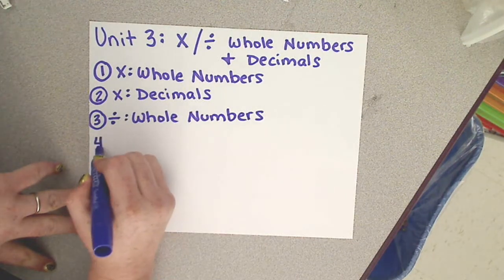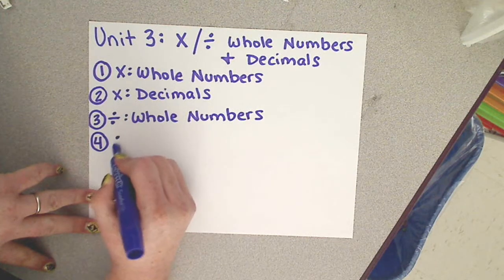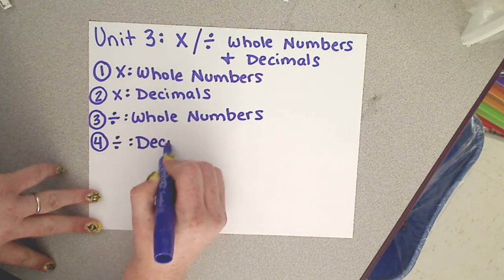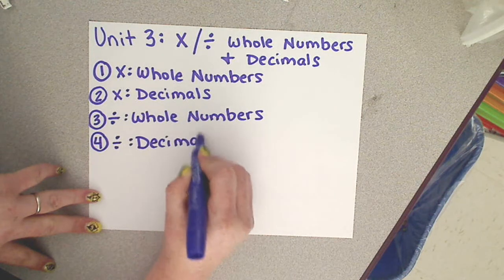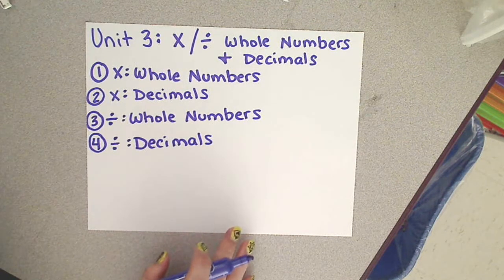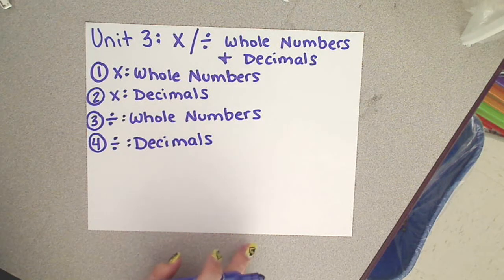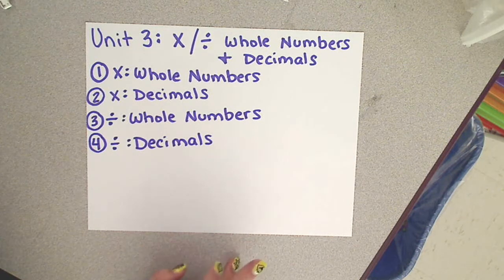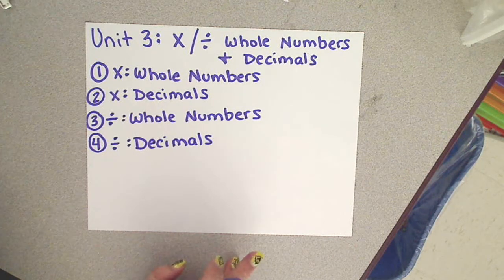And then the fourth part is going to be dividing decimals. Again, we will be using multiple strategies. Students will have the opportunity to practice them, choose which ones work for them, ask questions, meet with me in small groups, all of that.